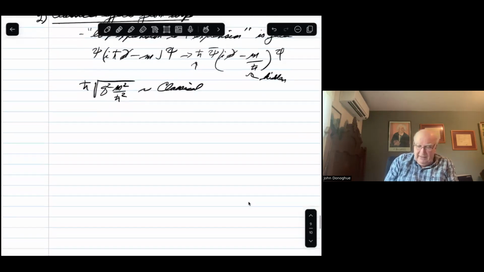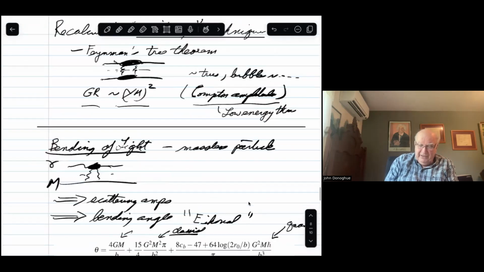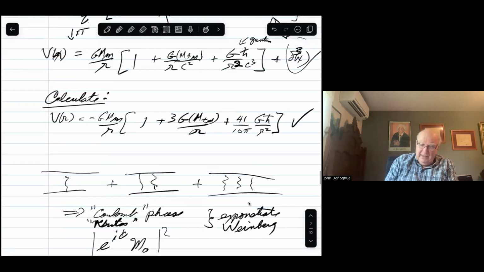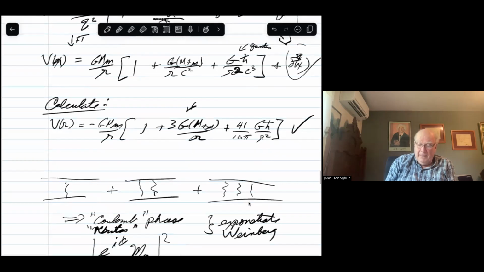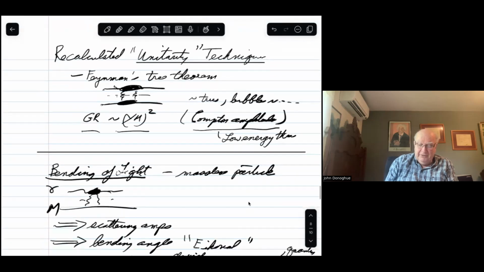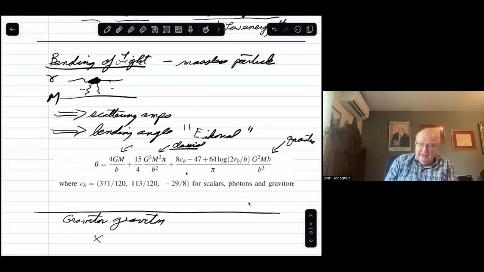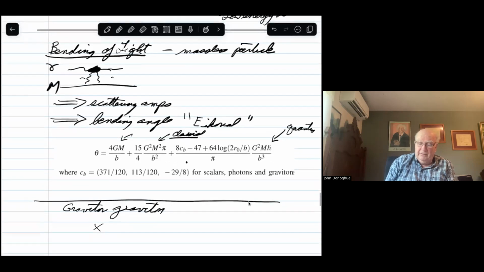We've seen it in two cases here. One is in the gravitational potential. There's the post-Newtonian correction, and then there's a post-Newtonian correction in the bending angle, which we get correctly also.